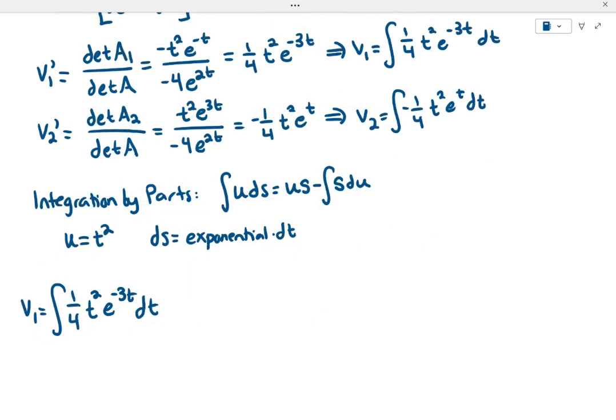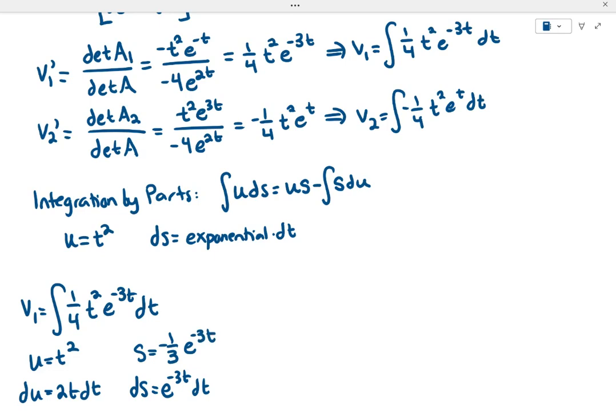For the first integral, u equals t squared, so du equals 2t dt, ds equals e to the negative 3t dt, so s equals negative 1/3 e to the negative 3t.